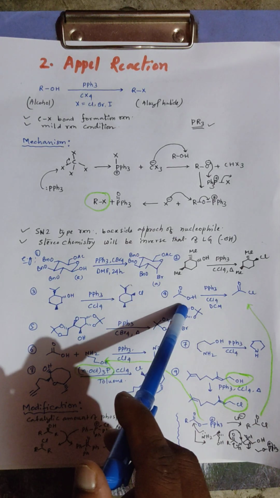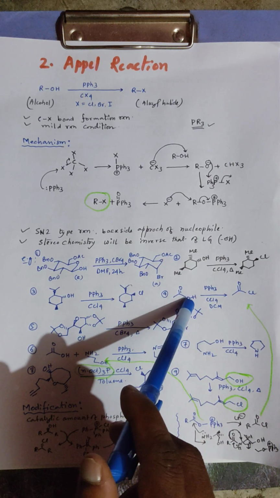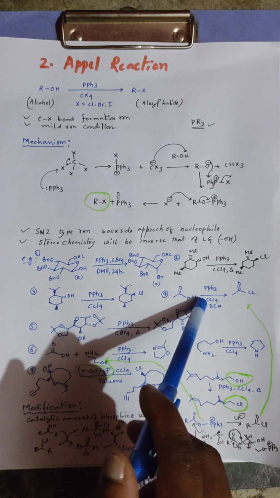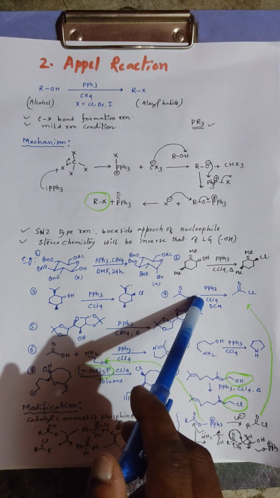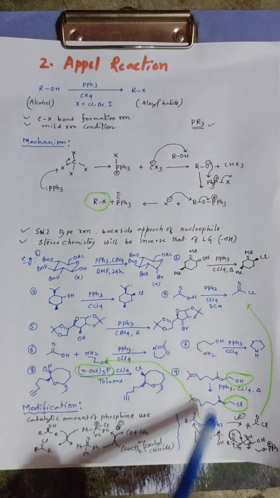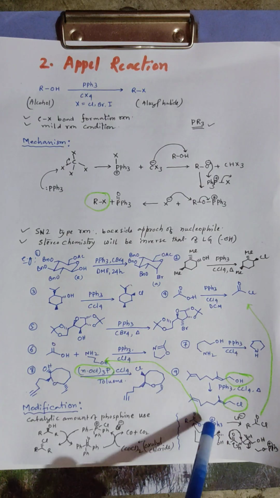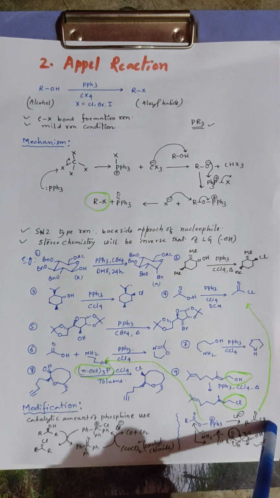In the fourth reaction, the acid goes to the acyl chloride. How does this happen? Here the O-PPh3+ intermediate forms, and then the chloride attacks, giving the acyl halide.